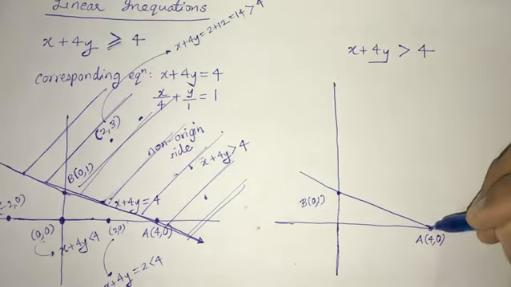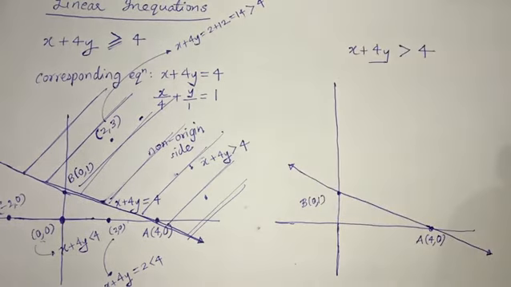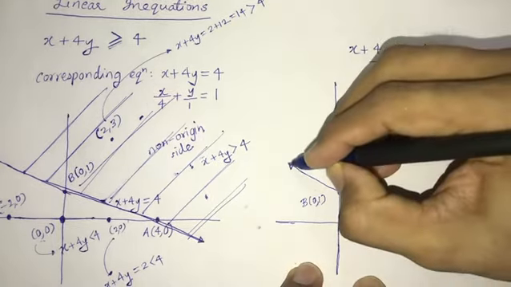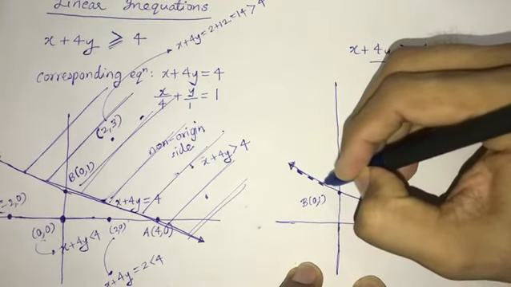and I have a straight line. A is 4, 0, B is 0, 1, and what happens here is we don't have to include this straight line. So if we are not including this straight line, we have to show it dotted.